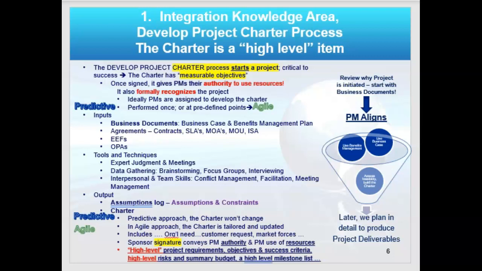Now, the charter is always high level. And remember these two things: it formally recognizes your project because it's signed by the sponsor or sponsors, and it gives you the authority then to use resources. Now, the other big output of this process is the assumptions log, which has, by the way, assumptions and constraints.